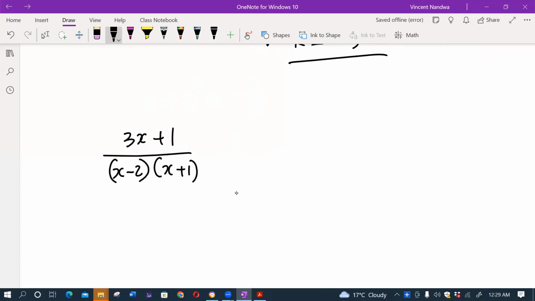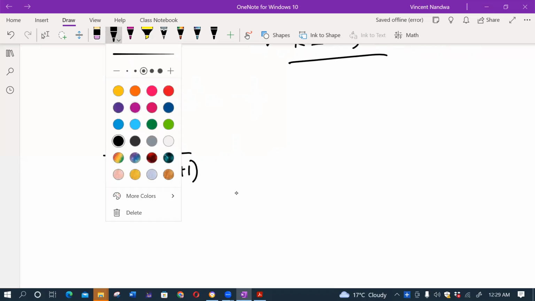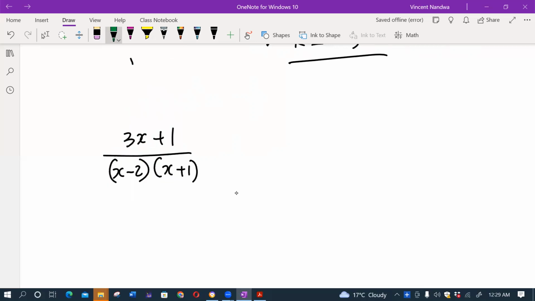When you are resolving into partial fractions, the first thing you have to ensure is that the given fraction is proper. That means the degree of the numerator is strictly less than the degree of the denominator. And in this case, that is the case, since the numerator is degree 1, the denominator is degree 2. So this will be of the form a over x minus 2 plus b over x plus 1.